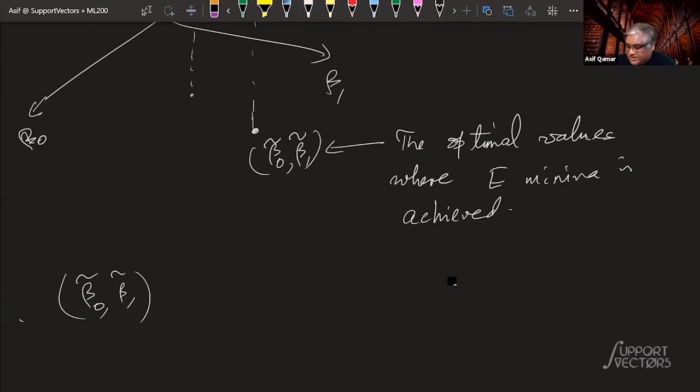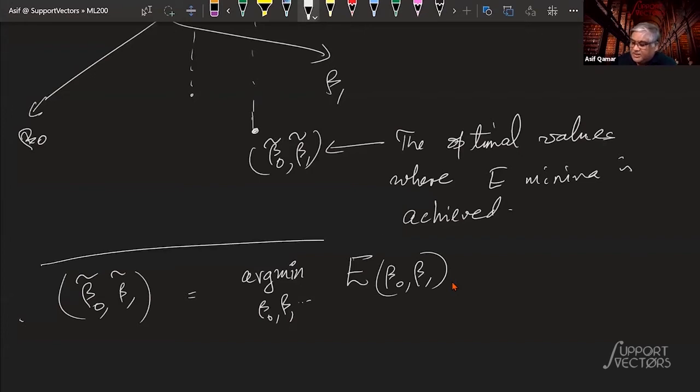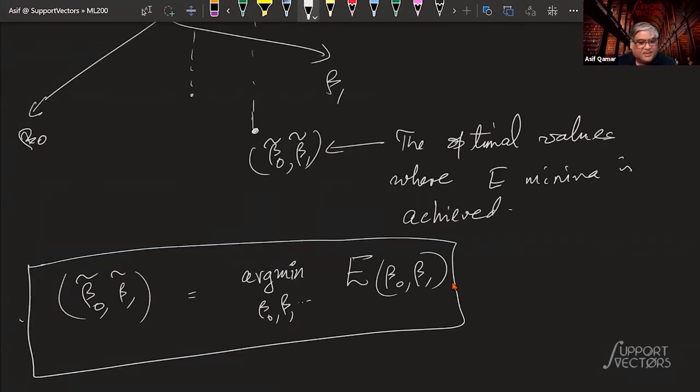It is the point, that value of beta naught, beta 1, where this achieves the minimum. The error achieves the minima. That's just a summary way of putting it: what argument of beta naught, beta 1 will minimize the error. That represents our point here.